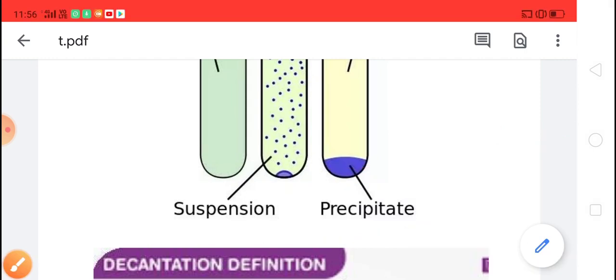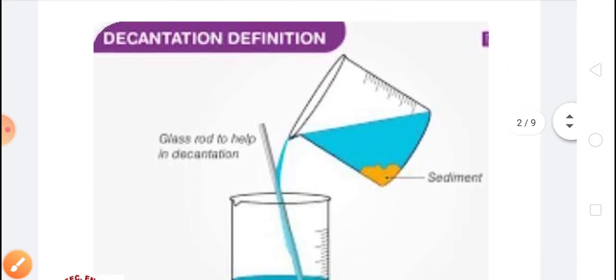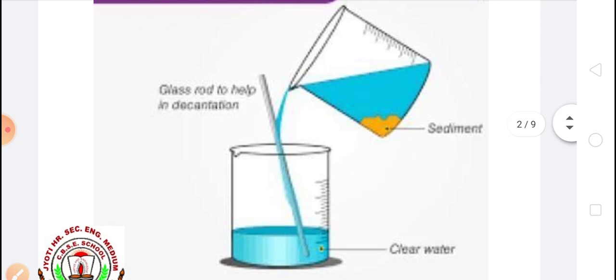This method of separating clear liquid from the sediment is called decantation.